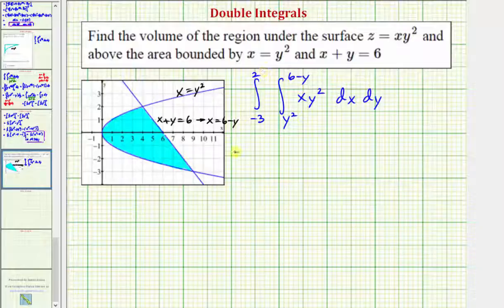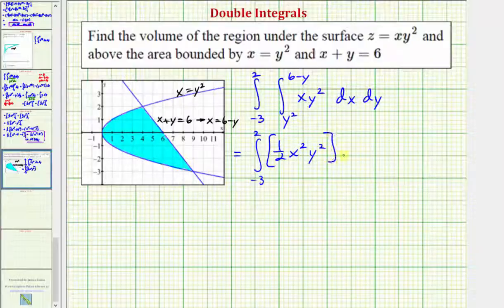And now we integrate with respect to x, treating y as a constant. So the antiderivative would be x squared divided by 2 times y squared, or 1/2 x squared y squared. Remember, these are limits of integration for x, so we substitute these expressions for x and then find the difference.